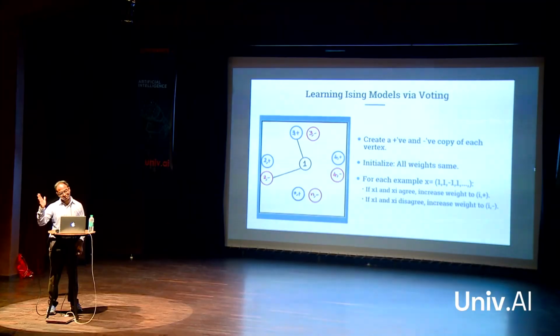So as you see an example, you just update each edge weight by some rule, which I haven't talked about before. But basically, when they agree, you want to bump up the weight. When they disagree, you want to adjust the weight accordingly, increase the weight of the negative vertex, and so on. Okay, so that's the blueprint of the algorithm. It's somewhat of a caricature, but it's not too far from what actually works.